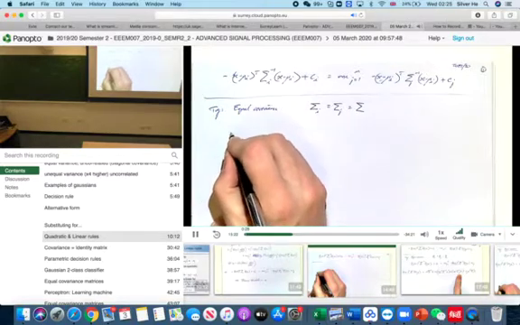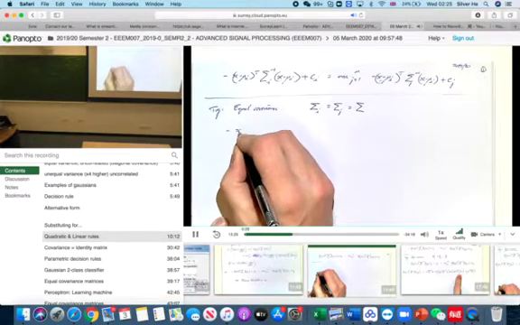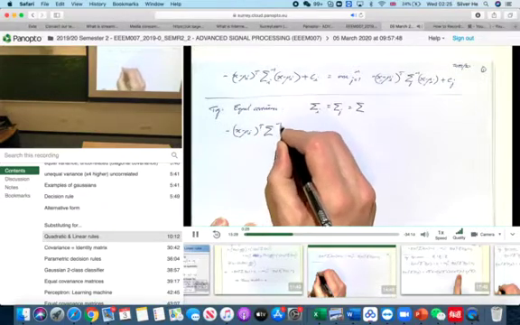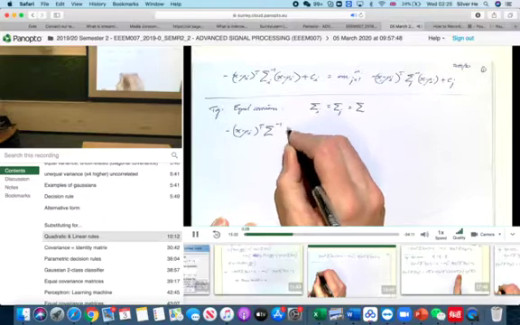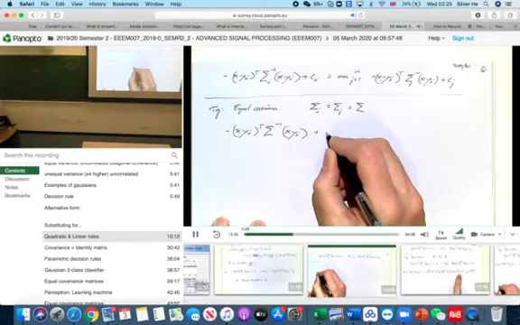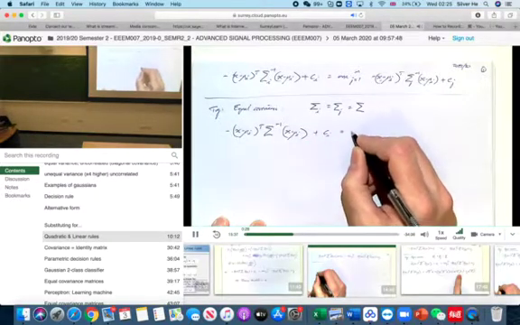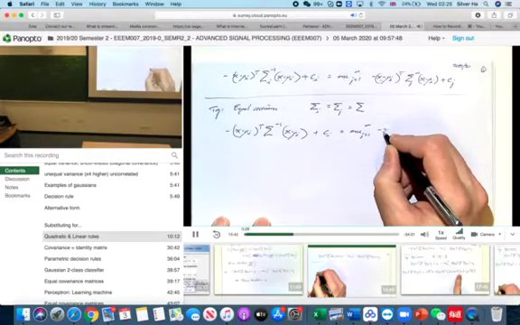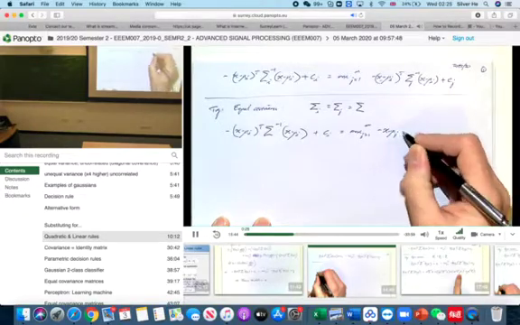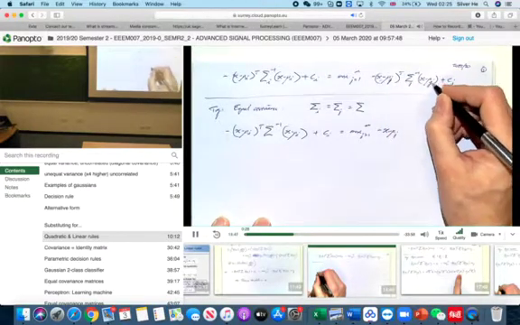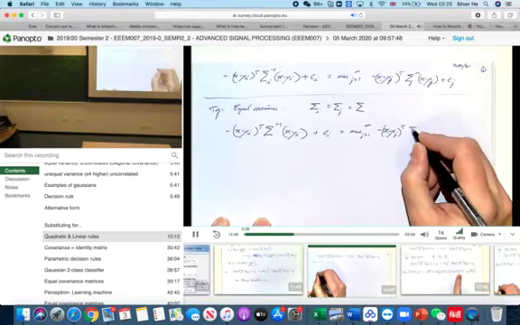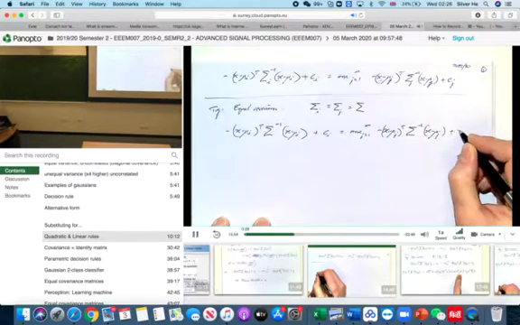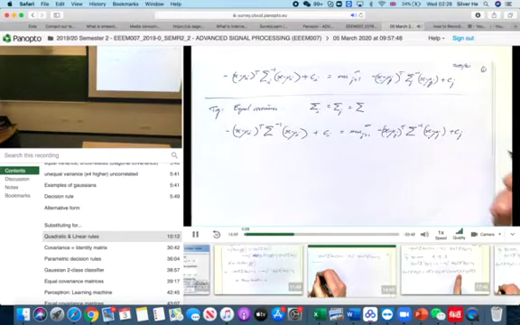So we get minus x minus mu I transpose sigma to the minus 1, x minus mu I, plus Ci, is equal to the maximum from j equals 1 to n of minus x minus mu j transpose sigma to the minus 1, x minus mu j, plus Cj on that side. These should be j's up here, by the way, sorry.